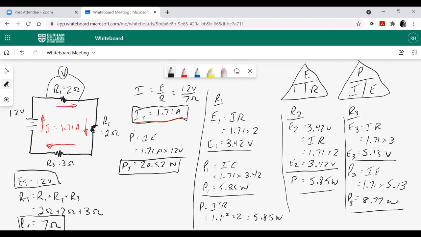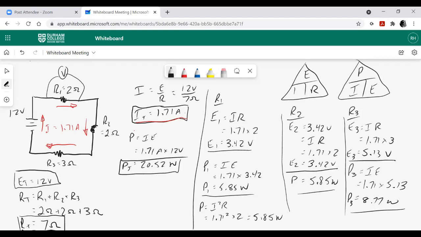Solve for power. And then at R2, solve for a voltage drop, solve for power, solve for voltage drop, solve for power. And then I went back and double checked. Okay, close the circle, close the loop, make sure that all these individual ones add up to what our totals were. So I can do that with voltage, I can do that with power. Resistances we were given and current is the same anyway.